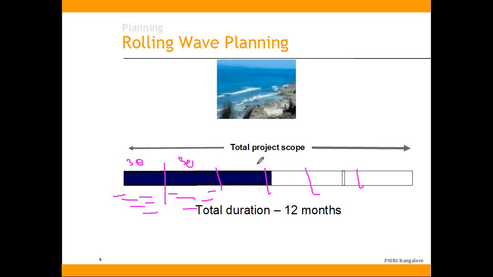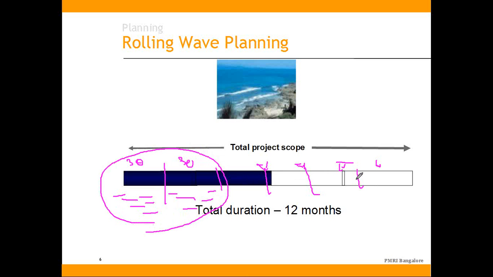Here and all you may have only the milestones defined. Yep, so a schedule can exist at various levels. So what we are saying is the immediate window where the work is happening, you will go ahead with the activity level schedule, and things falling far away, it can be at a milestone level. So a schedule can exist at various levels.